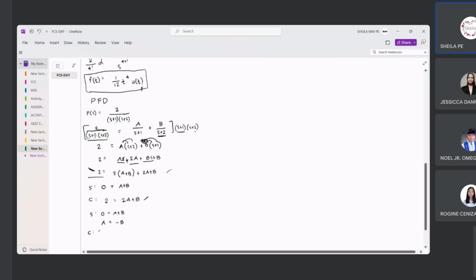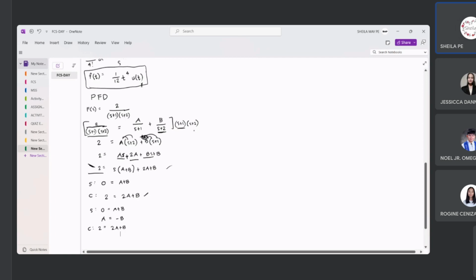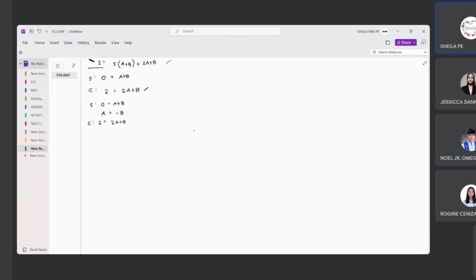We have 2 equals 2A plus B. So 2 equals 2 times our A, negative B, plus B. So 2 equals negative 2B plus B. So we have 2 equals negative B. But we need to have a positive B variable, not necessarily a positive constant. The variable should be positive.